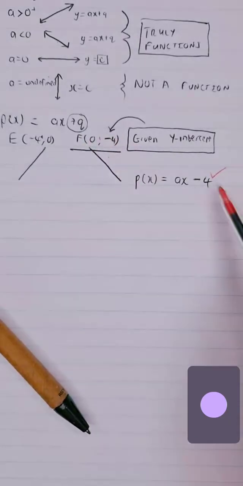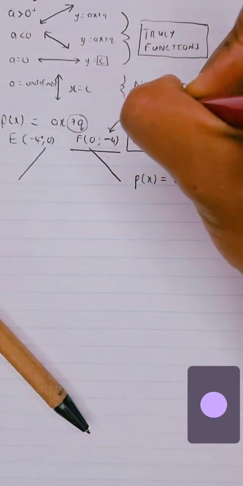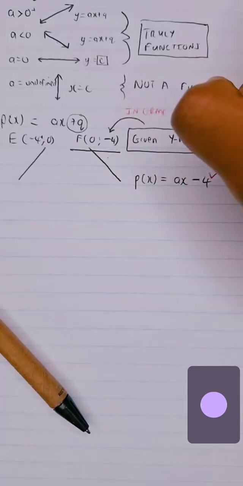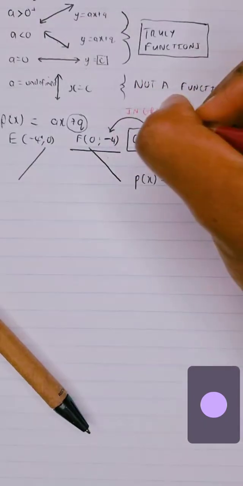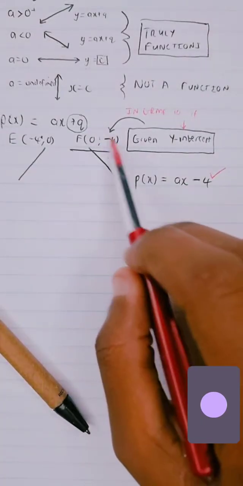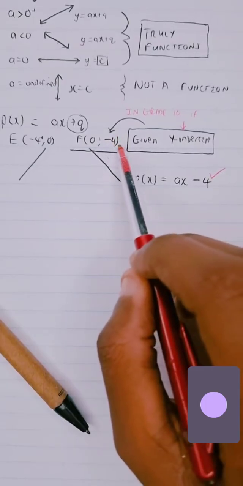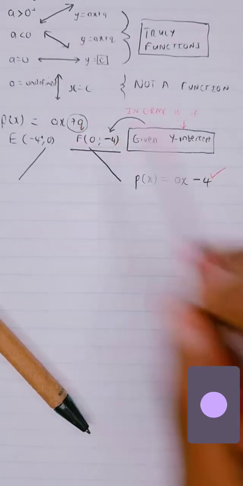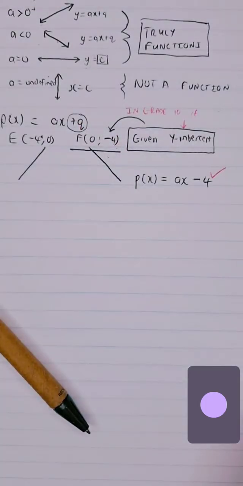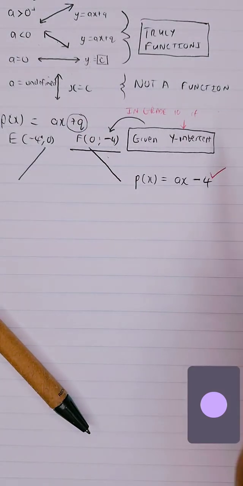So the clue here for q is if you have the coordinates of the y-intercept, then you can take the y value and substitute it in the place of q. In grade 10, you can do that. You can substitute the value of q, which is this value -4, the y-coordinate of the y-intercept. You can do it for the straight line.